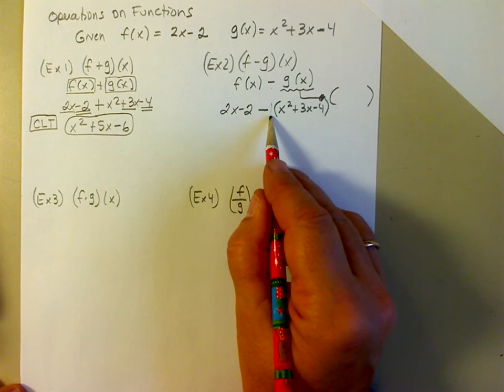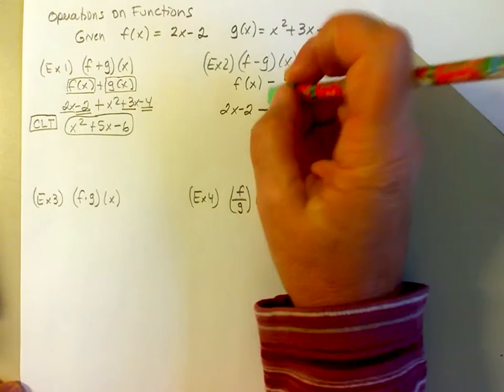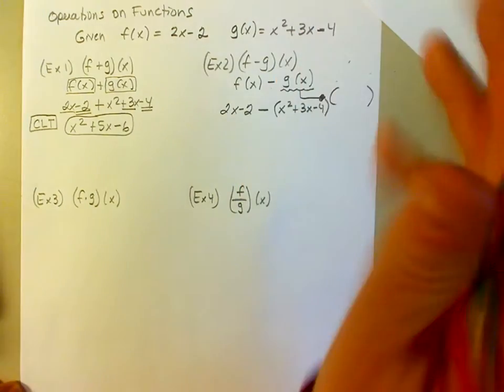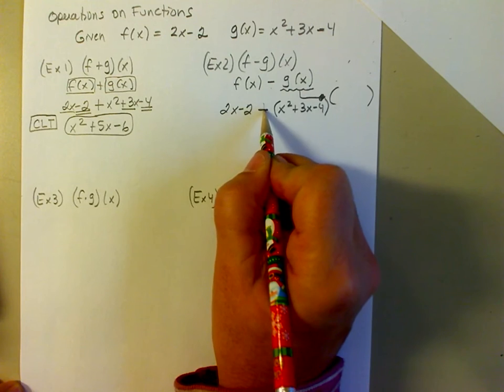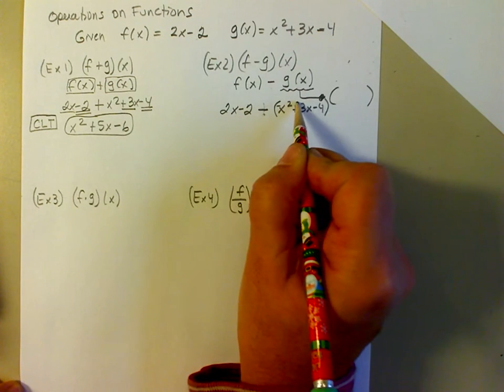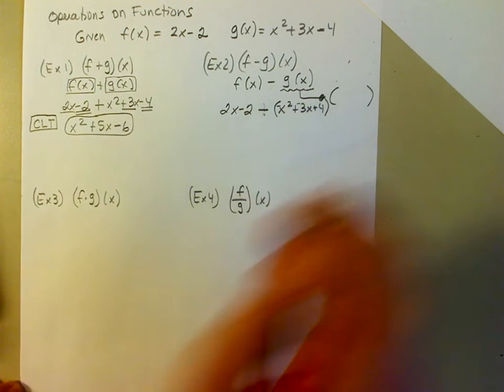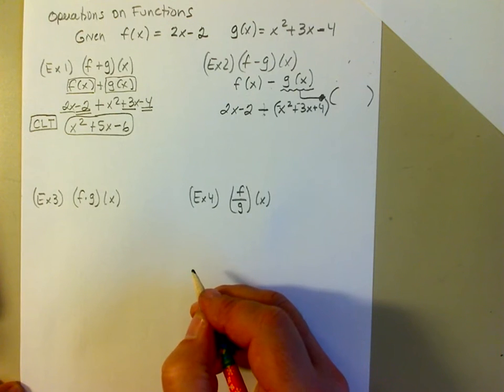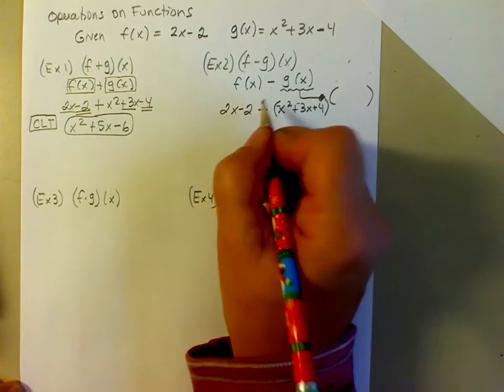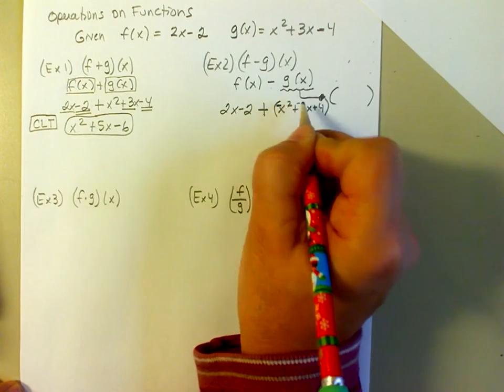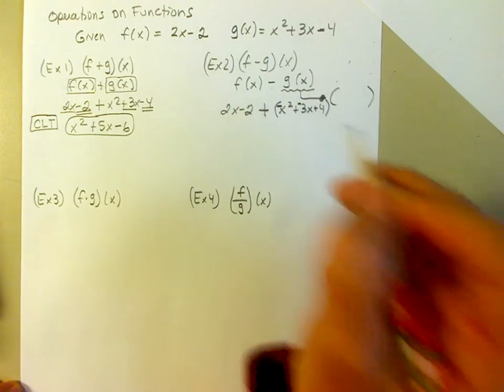Another way to do this, if you don't like to use distributive property, is to use the definition of subtraction. If you don't want to distribute, we can add the opposite of each term and get the same result. So either way, you'd be correct. I will take adding the opposite since I've already started it here.